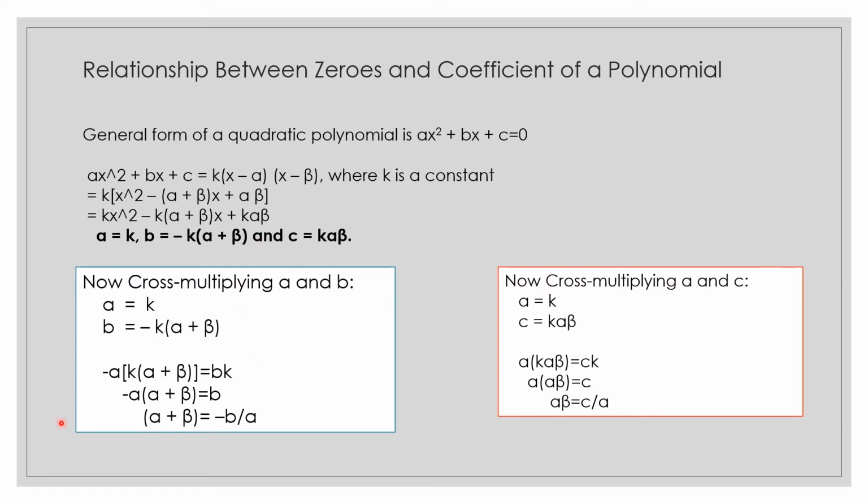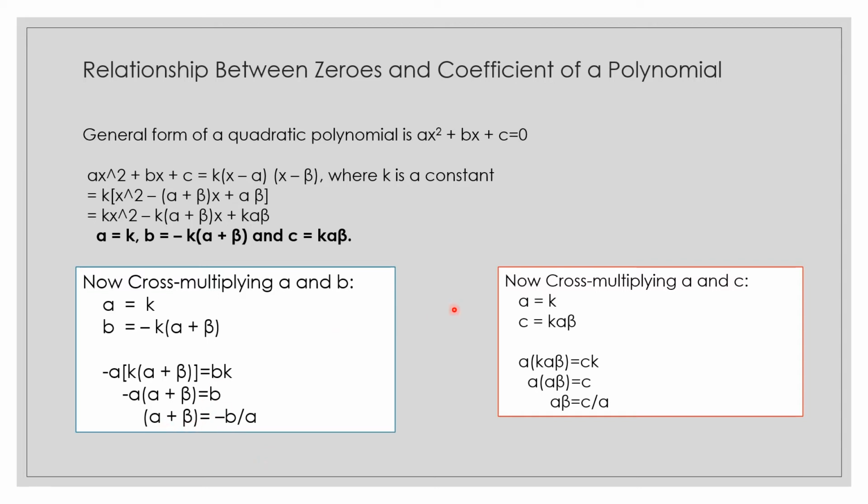We can cancel k on both the sides, and now we get minus a into alpha plus beta equals b. Now we are going to bring the coefficient to one side and the zeros to another side. So we can see that alpha plus beta, they both are zeros, they are already on the LHS, and b is a coefficient on the right side, so it's easy for us to move a to the right side. So therefore, we can see that we have established a relationship between zeros and coefficient.